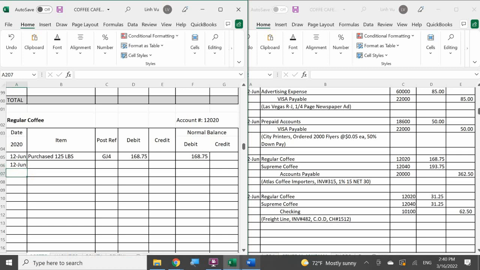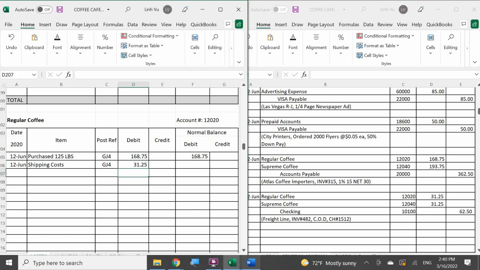It's the 12th. Now what I want to put here is shipping cost. We're still on the 4th journal. And I increased my account by $31.25.